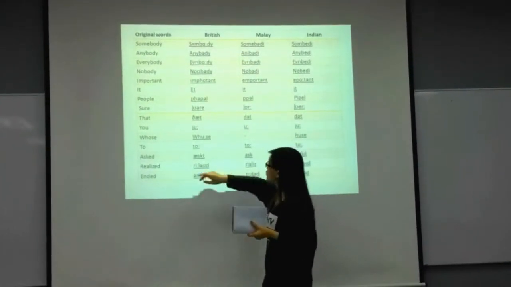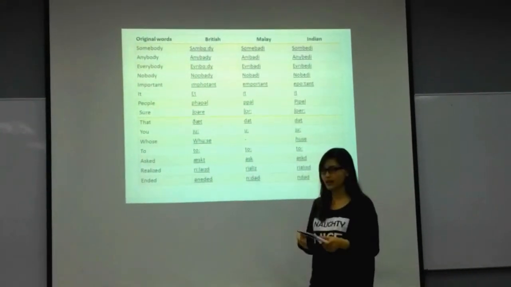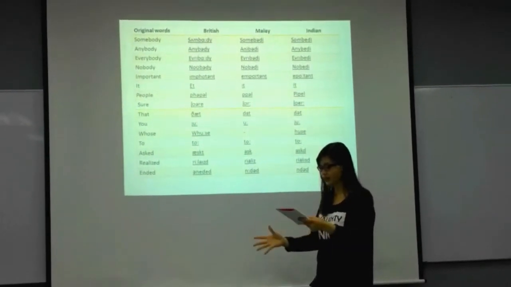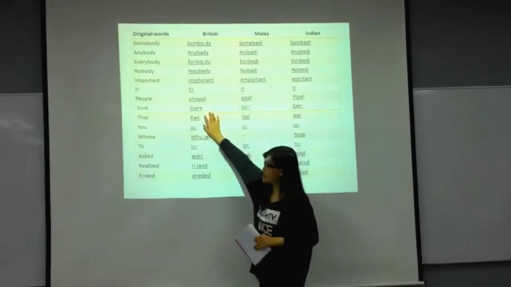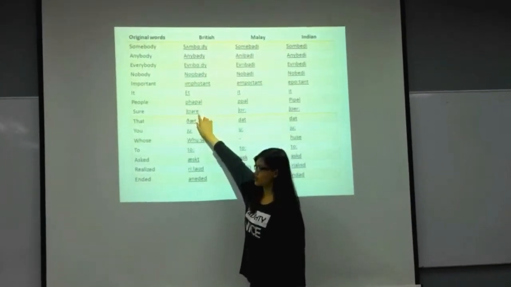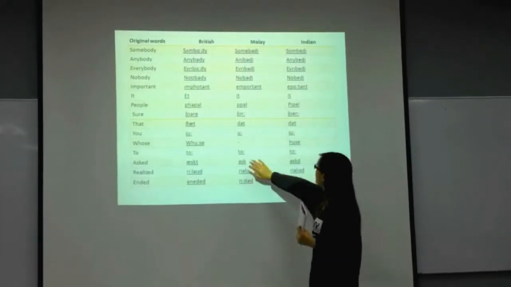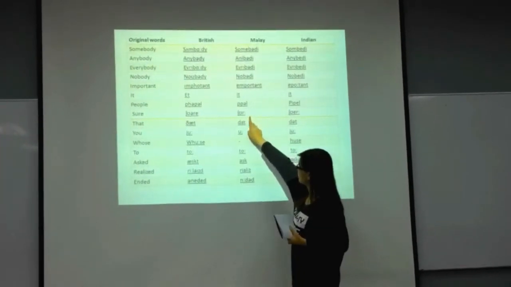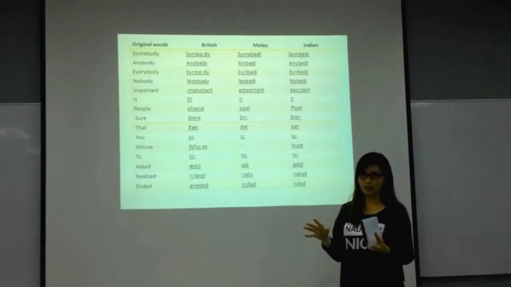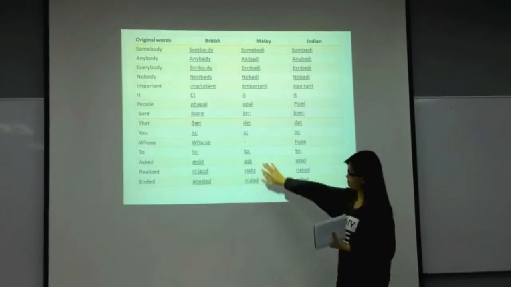And for "sure", the British guy will say "sure", like SHOR. So no stress on the word E. The Malay girl, the way she pronounces it will be really flat, like "nobody will sure to do it".